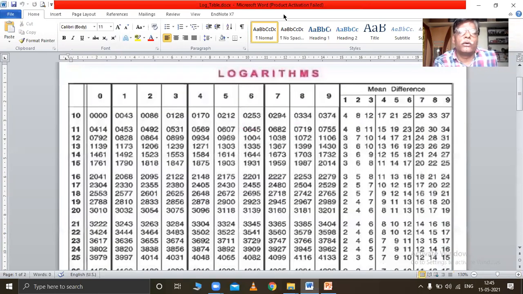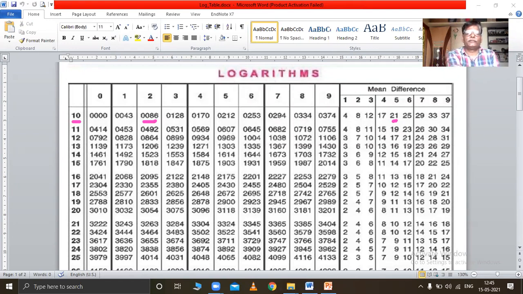This is the 10 number. Then this is the 2. What is the 2 number? 0086. Okay. 5 means 21. What is the total? 0086 plus 21.